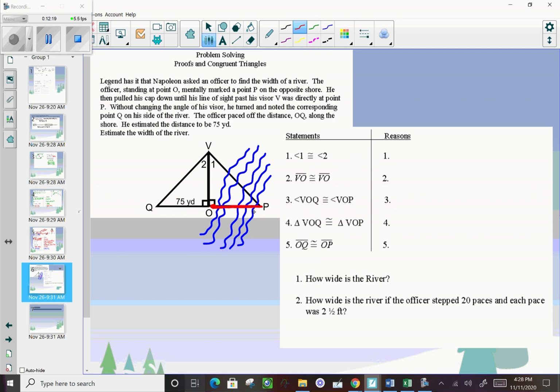All right, so we have a proof set up here for us. And the first thing the proof said is angle 1 is congruent to angle 2. Why would these two angles be congruent? Well, the officer is standing at point O, and his visor is at point V. So this is the officer. VO is the officer himself.